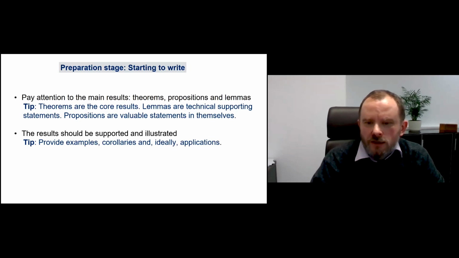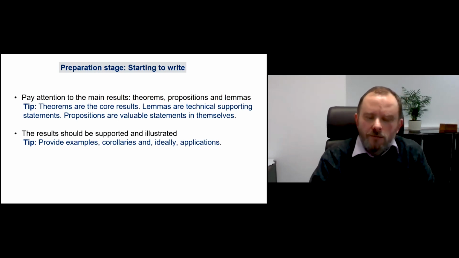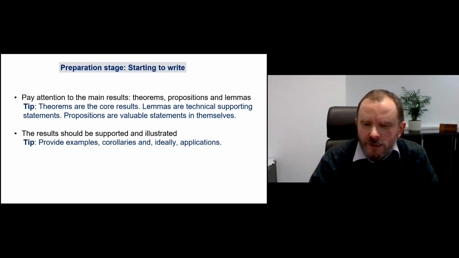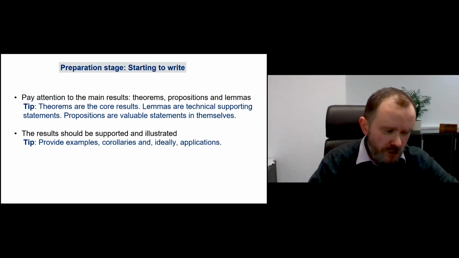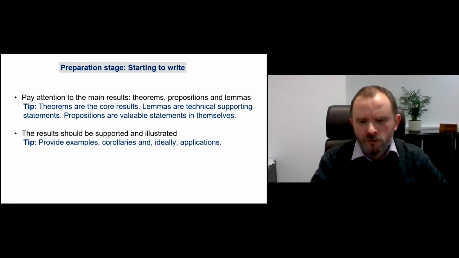By applications, we may mean different things. These may be real applications to some other area of science or other area of mathematics, which may simplify some computations. This may be easier new proofs of already known results. And this is also a good point. Journals don't like to publish new proofs of already known results.